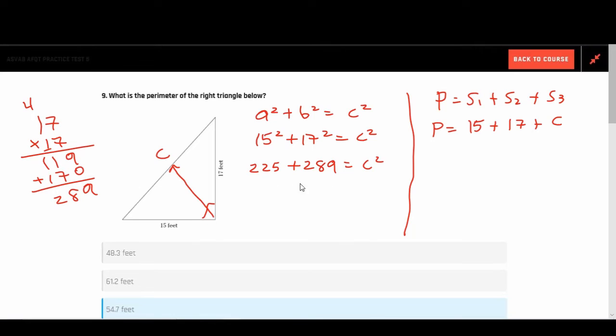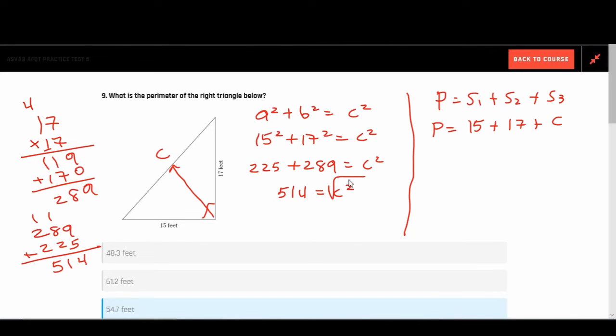Let's go ahead and add 225 and 289. 5 plus 9 is 14, carry the 1. 8 plus 2 is 10, plus 1 is 11, carry the 1. 2 plus 2 is 4, plus 1 is 5. So we can see this is going to be 514 equals c squared.